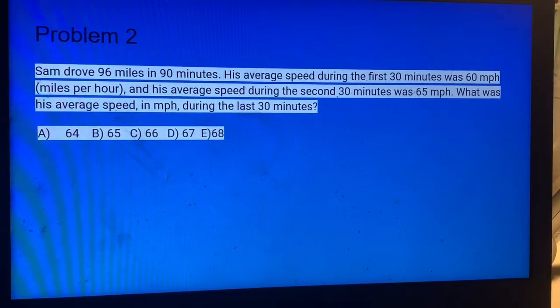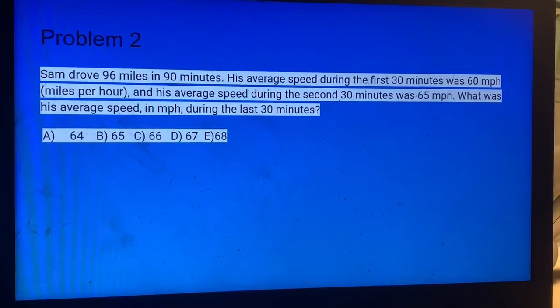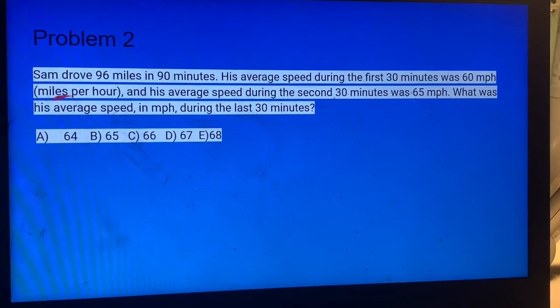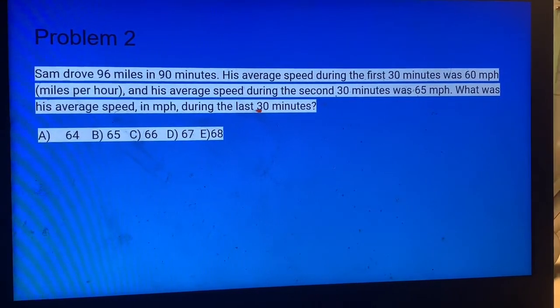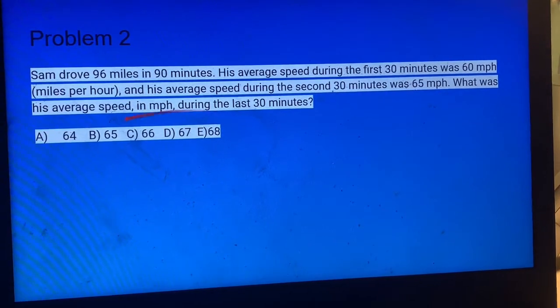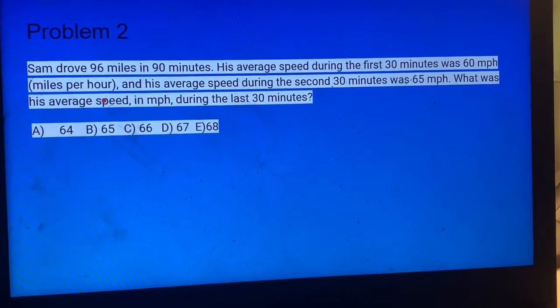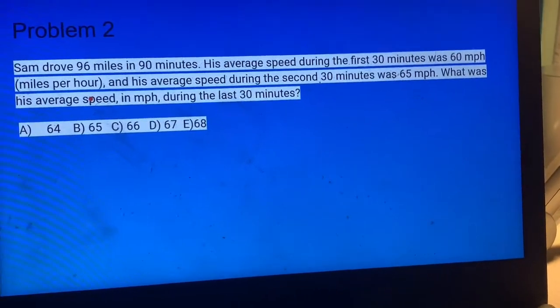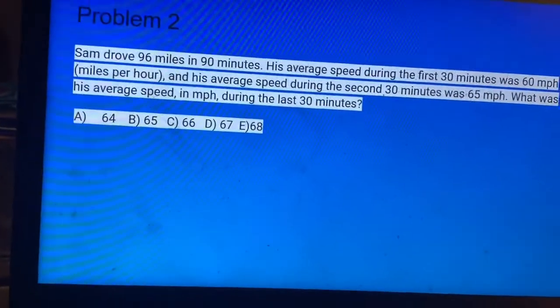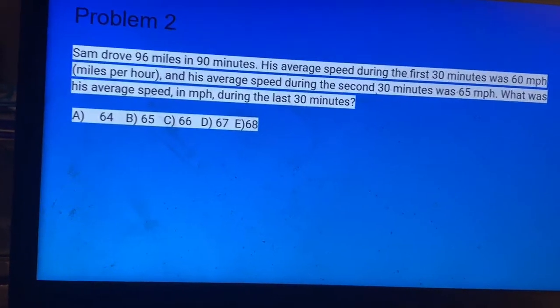Problem 2. Sam drove 96 miles in 90 minutes. His average speed during the first 30 minutes was 60 mph and his average speed during the second 30 minutes was 65 mph. What is his average speed during the last 30 minutes? To do this, you only need to calculate the distance during his first 30 minutes and during his second 30 minutes.